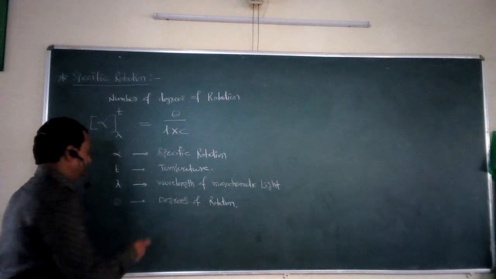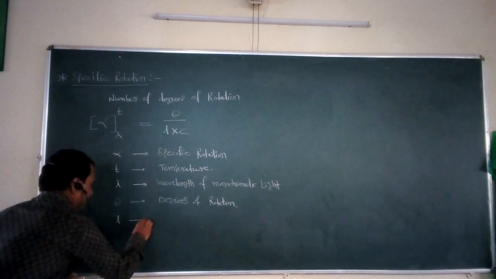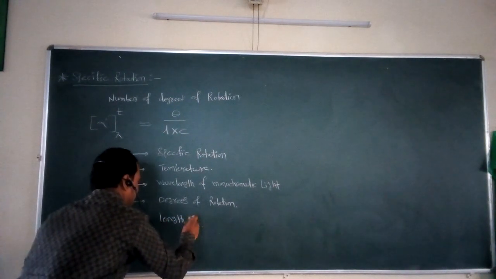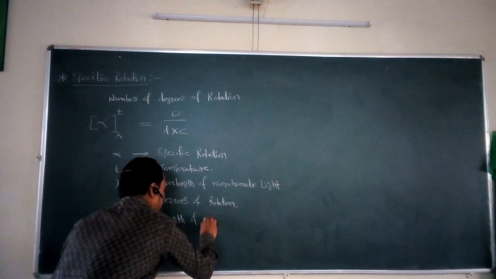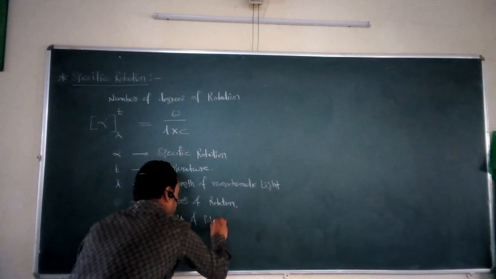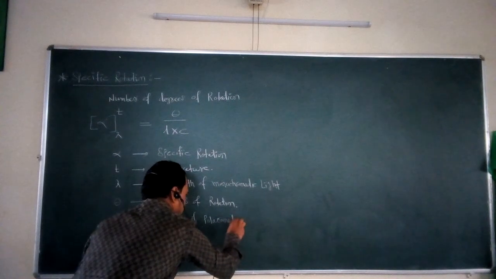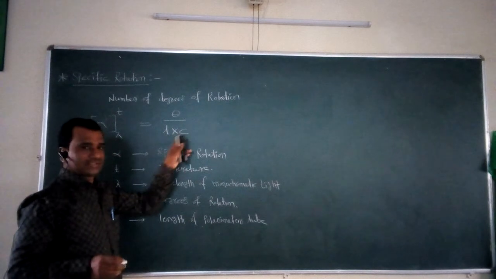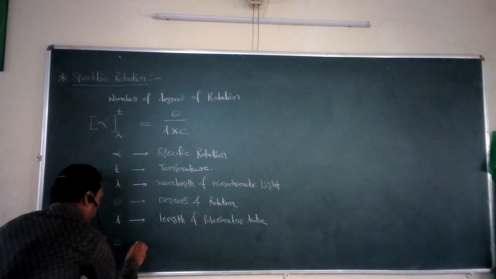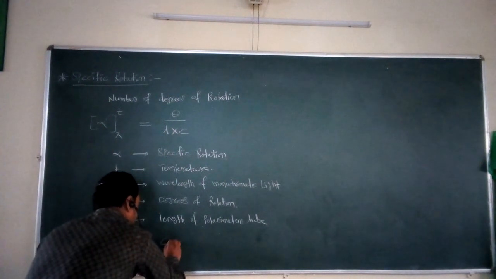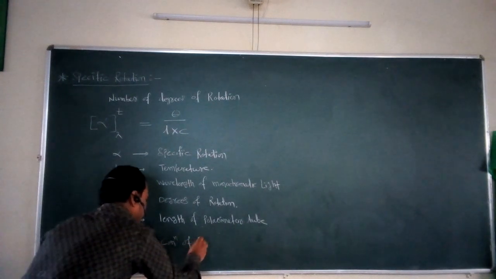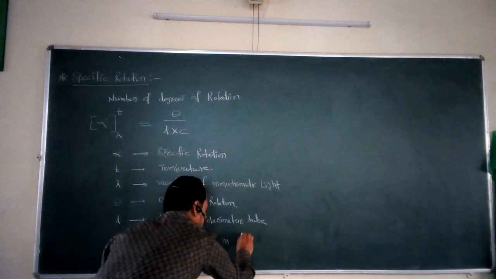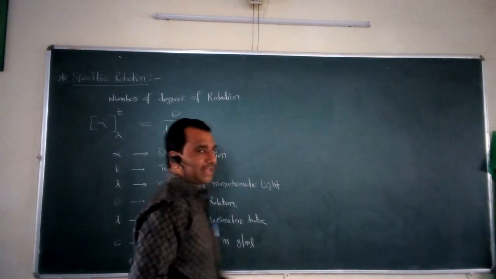Next is L. L stands for the length of the polarimeter tube. Next is C. This C stands for the concentration of the solution in the unit of gram per ml.